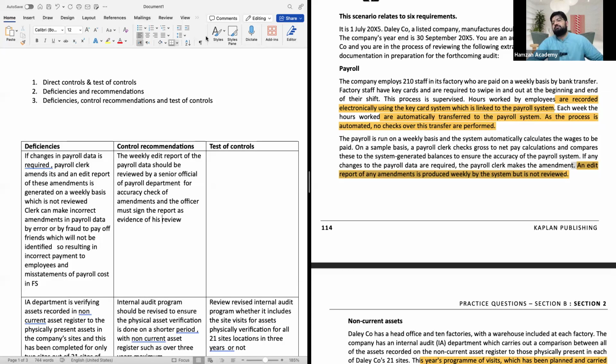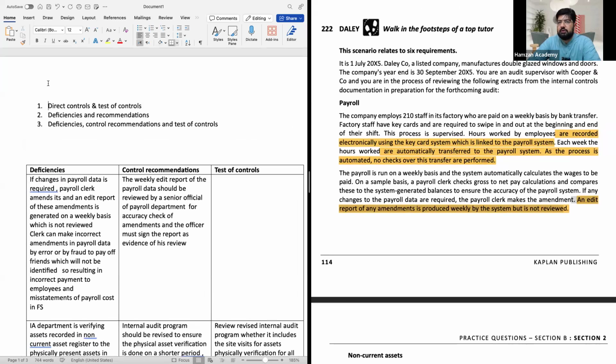Yes, please. Test of control over it. Be quick. Do all the mistakes.